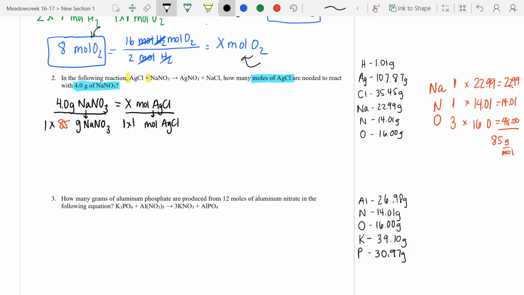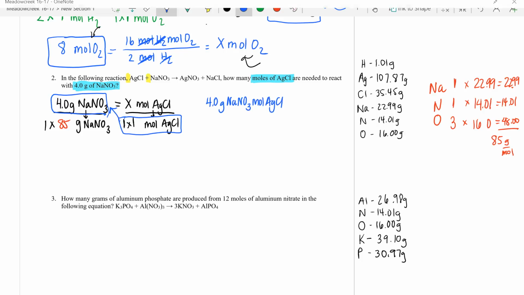So when we cross multiply, which is our last step, and I multiply all of this by all of that, we're going to get 1 times 1 is, well, 1, times 4.0 is going to keep it at 4.0 grams of sodium nitrate, moles of silver chloride, over 85 grams of sodium nitrate is equal to X moles of silver chloride.